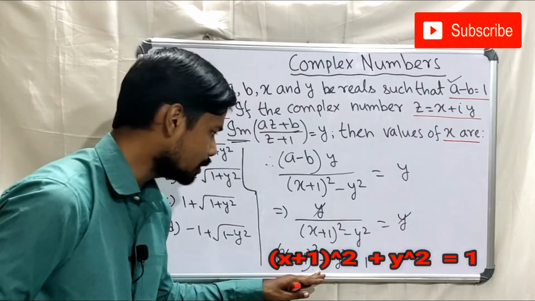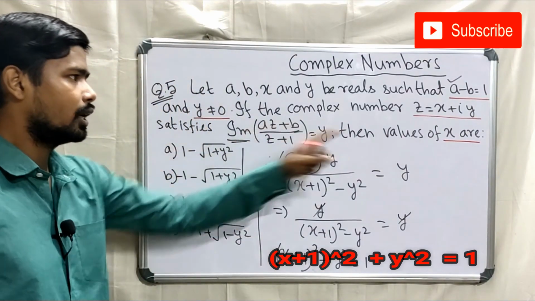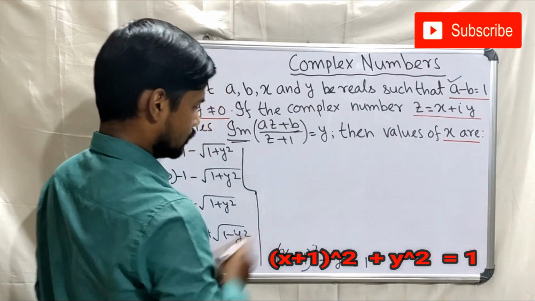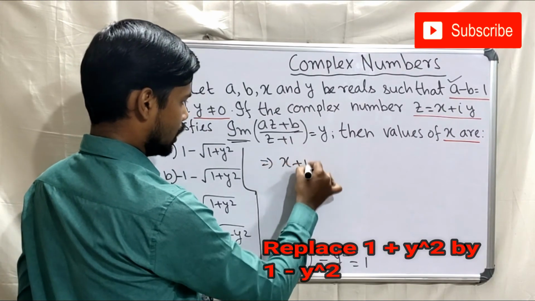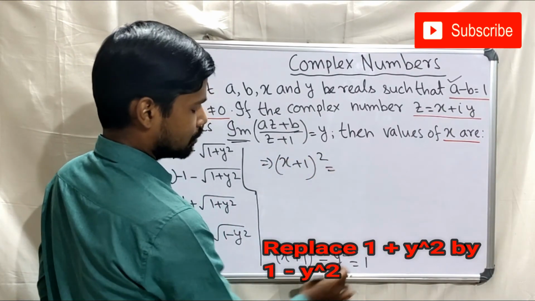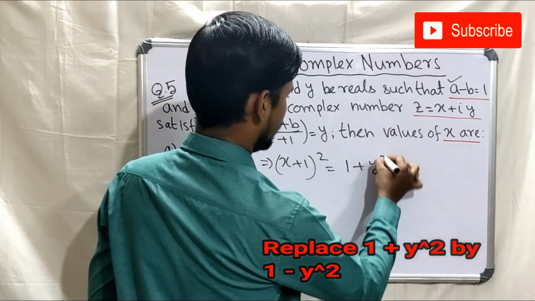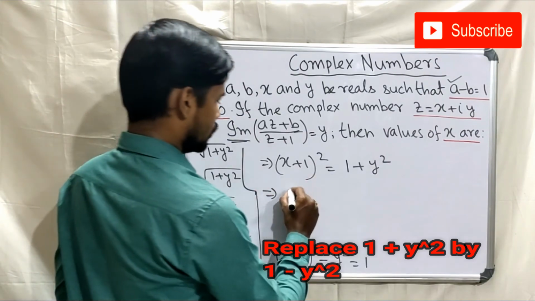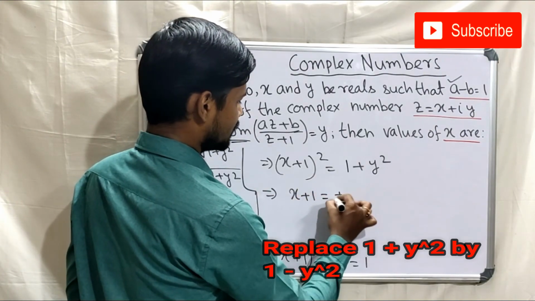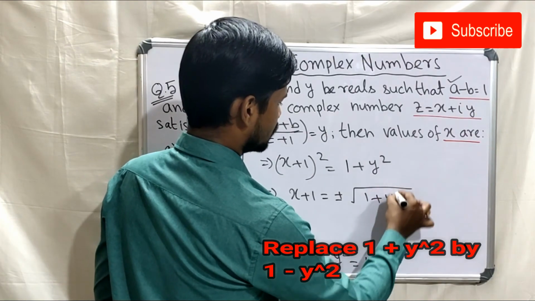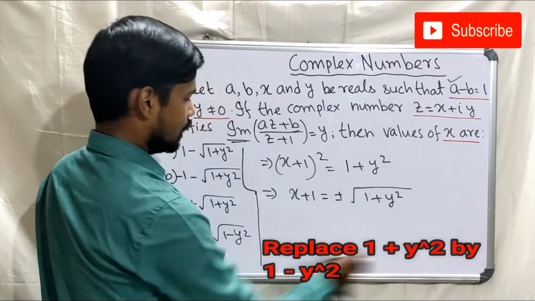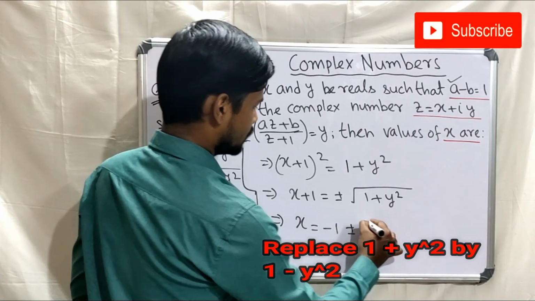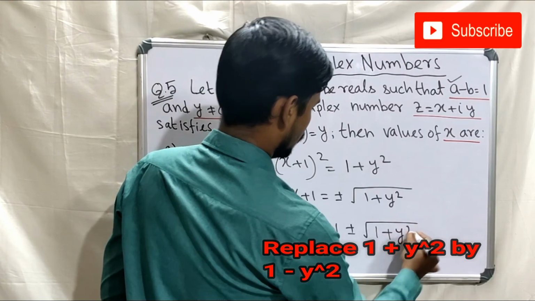So now from this equation we can easily find the values of x. This implies (x plus 1) whole square equals, taking minus y square to the right hand side, 1 plus y square. For quadratic equations, we get two roots. So x plus 1 gives us plus minus root under 1 plus y square, so x equals minus 1 plus minus root under 1 plus y square.